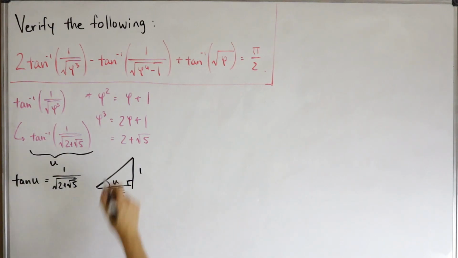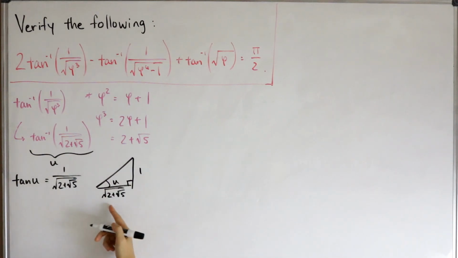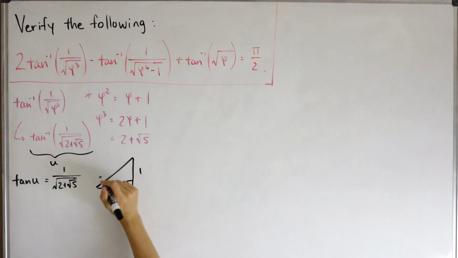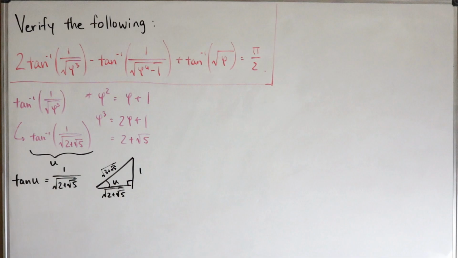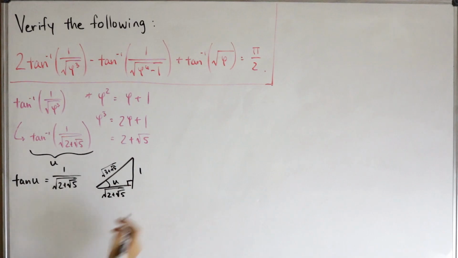With this, we have our hypotenuse. Apply the Pythagorean theorem: 1 squared, plus the square of this quantity, and then take the square root of that to get this unknown side. This leads us to the square root of 3 plus the square root of 5 over here. With this in mind, let's ignore the radical underneath this value for a second and focus on the inside.